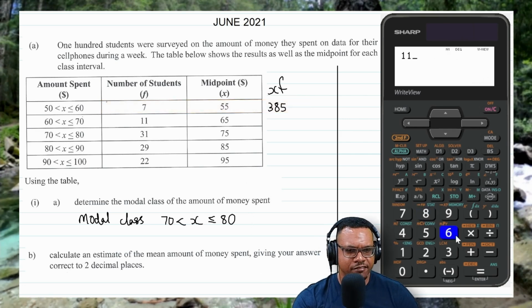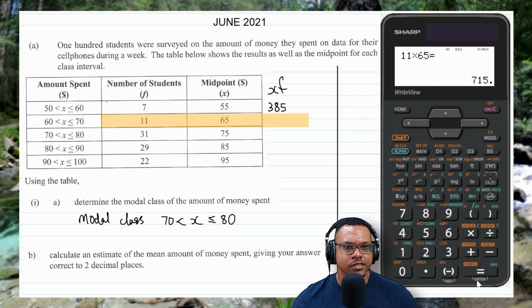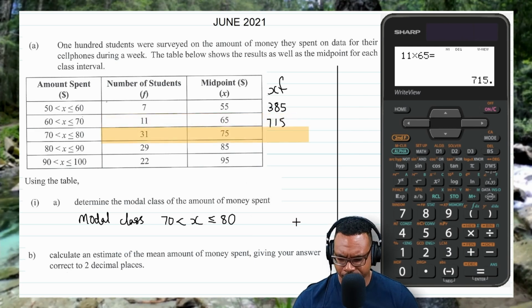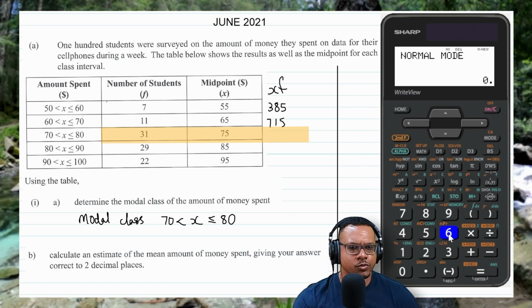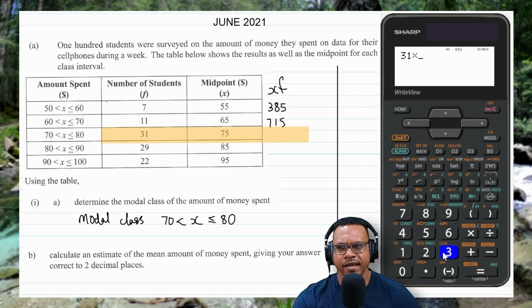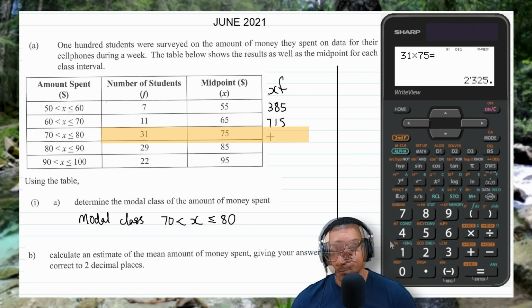Then I'll multiply 11 by 65. So you multiply X by F, right? So 11 by 65 will give us 715. So I'm writing 715 here. Then I'm going to multiply 31 by 75. That's 2,325.